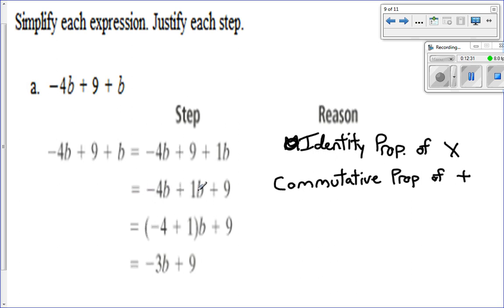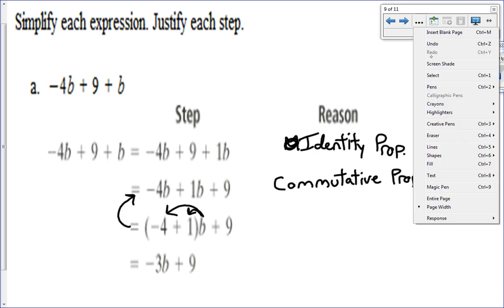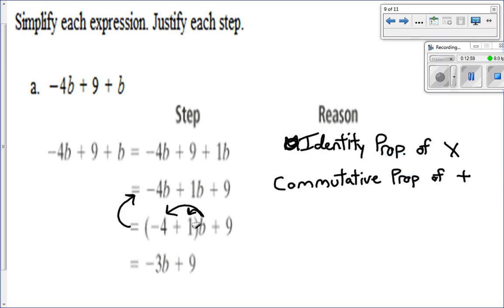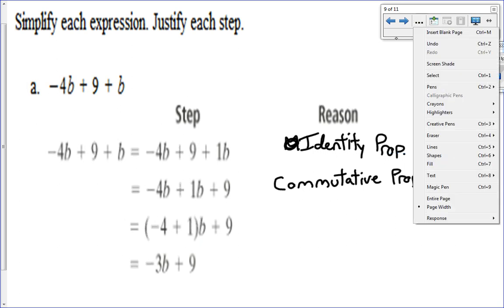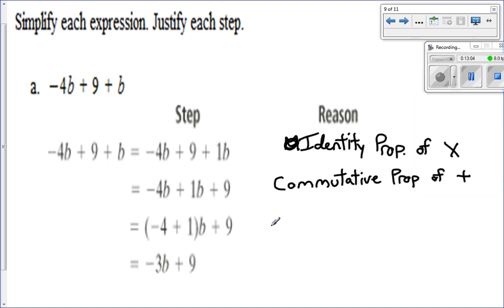Then it looks like I have b in both of these terms, so I actually pulled the b out and I have negative 4 plus 1. This is the distributive property, but it's going in the opposite direction, because look, if I distributed the b to both terms, I would eventually get this result. So I'm going in the reverse direction, but it is the distributive property.